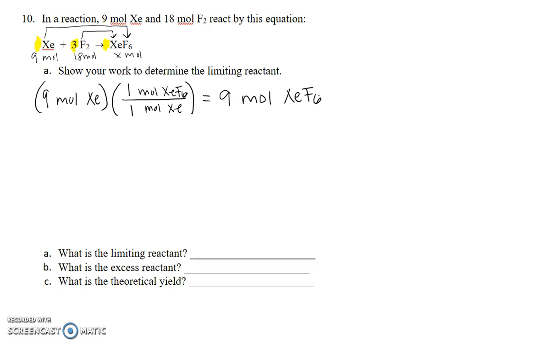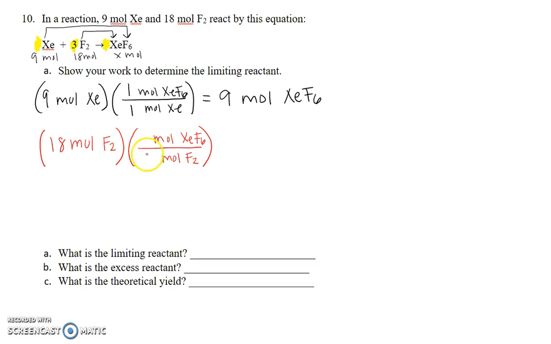Now let's look at F2. I'll solve this one in a different color for you. If I start with 18 moles of F2, in this bracket I want F2 to cancel out, meaning moles of F2 should go on the bottom, and I'm still trying to turn it into moles of XeF6.